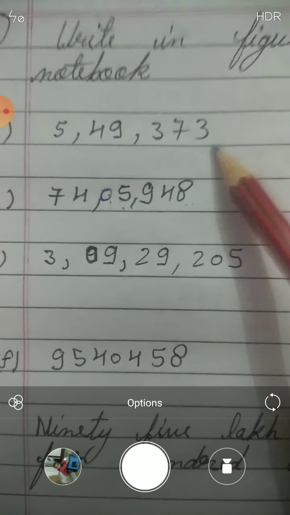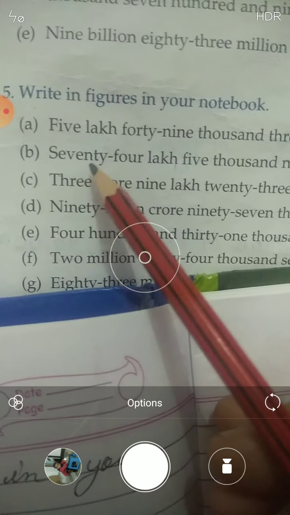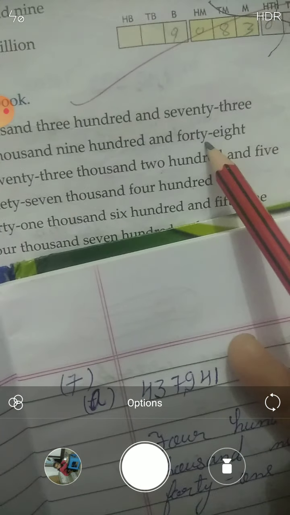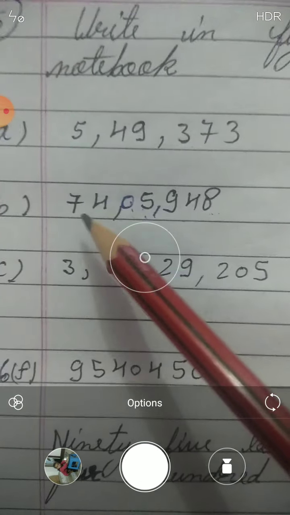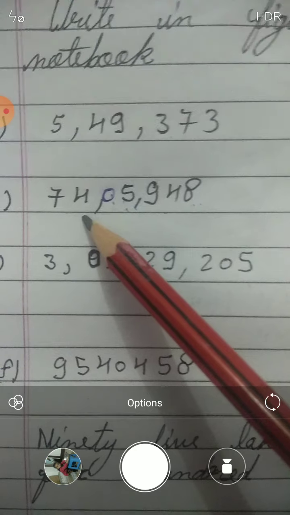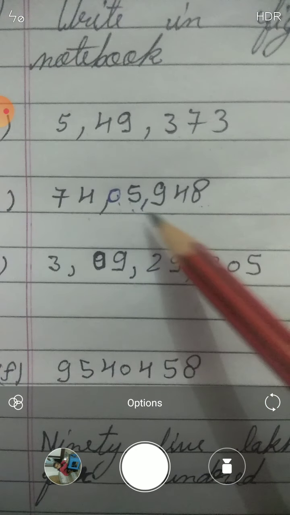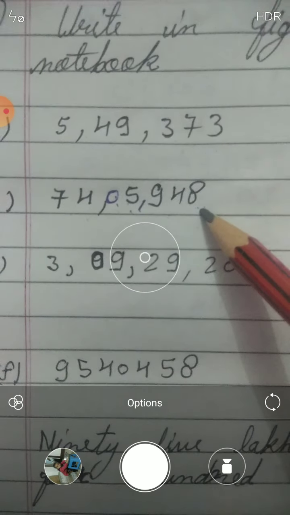Like this you will write in figures. Look at the B part: 74,05,948.